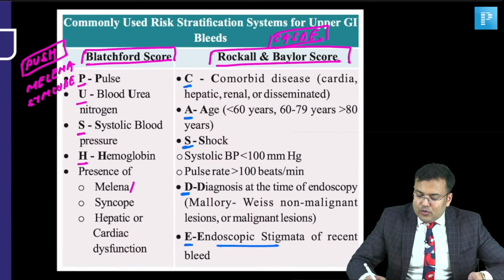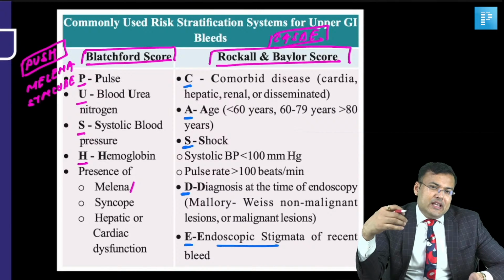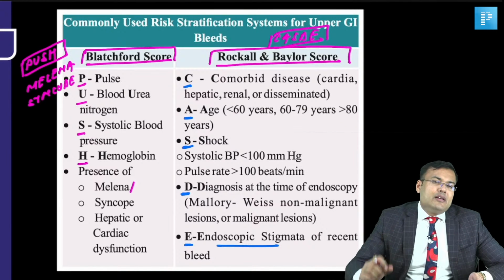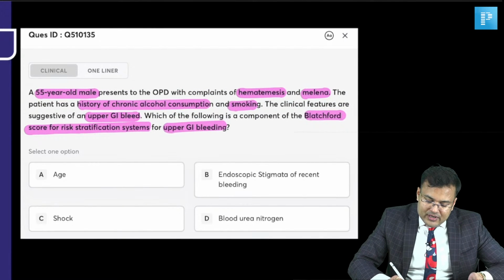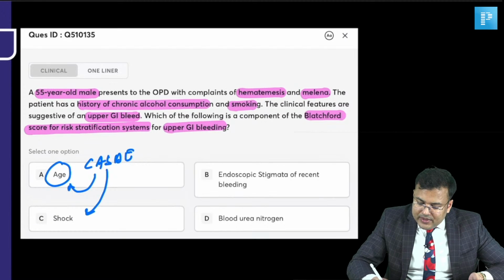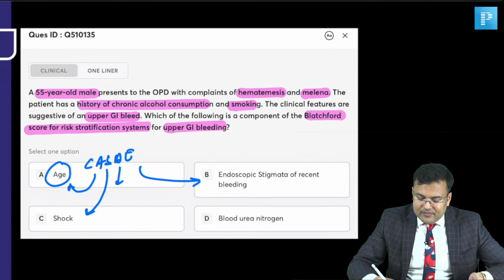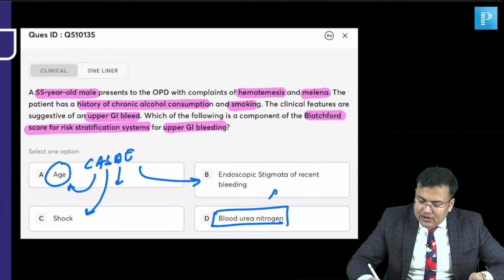E, endoscopic stigmata of recent bleed. So CASDE: C, comorbidity. A, age. S, shock. D, diagnosis at the time of endoscopy. E, endoscopic stigmata of recent bleed. Clear, guys? So you can see here, age is a component of CASDE. And for the Blatchford score it was PUSH: pulse, urea, systolic blood pressure, hemoglobin.